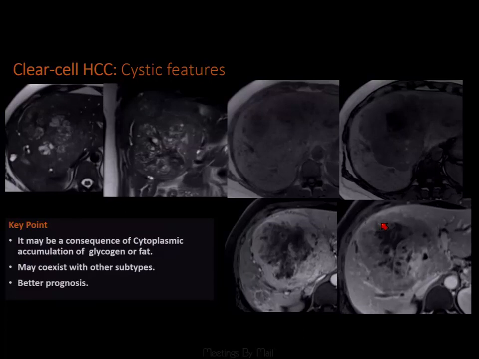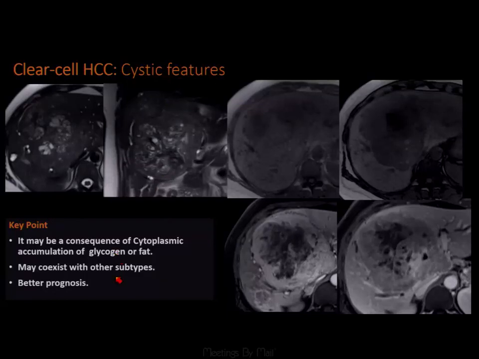Cystic features also can be seen in not only the dedifferentiated or poorly differentiated HCCs. This was a case of clear cell HCC that, again, has a similar pattern, but also intralesional fat on out of phase, and this was biopsied, and this turned out to be a clear cell HCC.